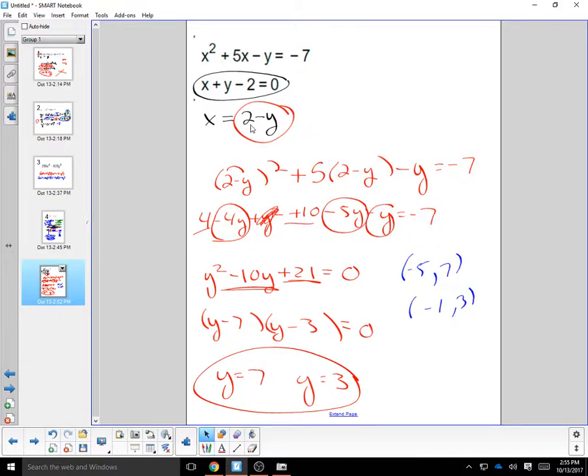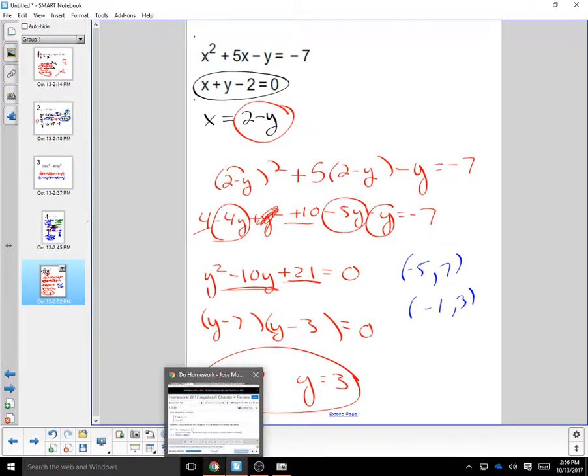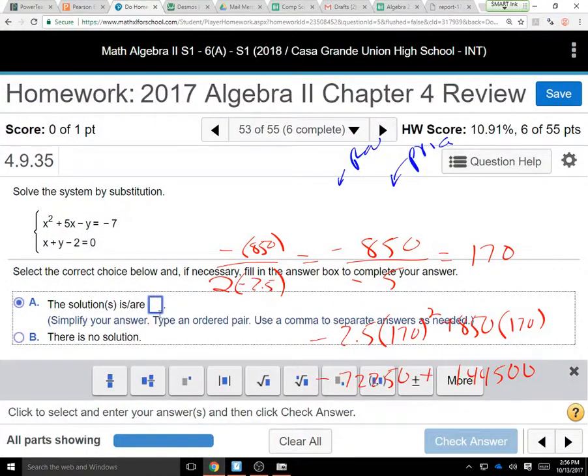Okay, there we go. Alrighty then, so it looks like we do got two solutions: negative 5, 7, and negative 1, 3.